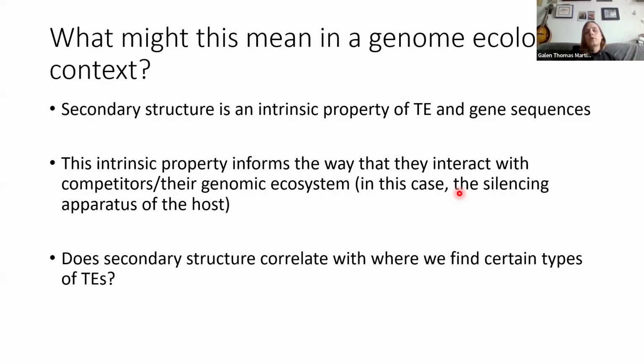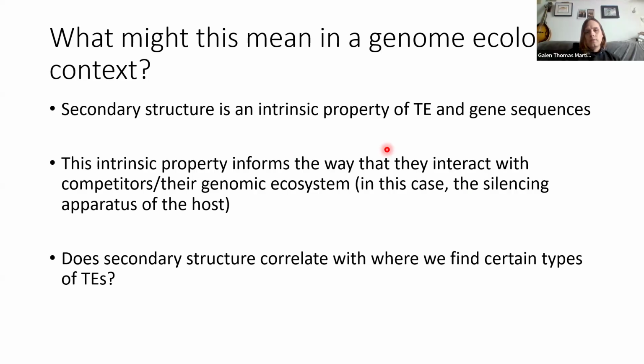So part of what I'm trying to do these days is extend this to a genome ecology framework and understand whether this secondary structure, which is an intrinsic property of transposable elements, has some correlation with where you find these transposable elements and what their lifestyle within the genome might be.